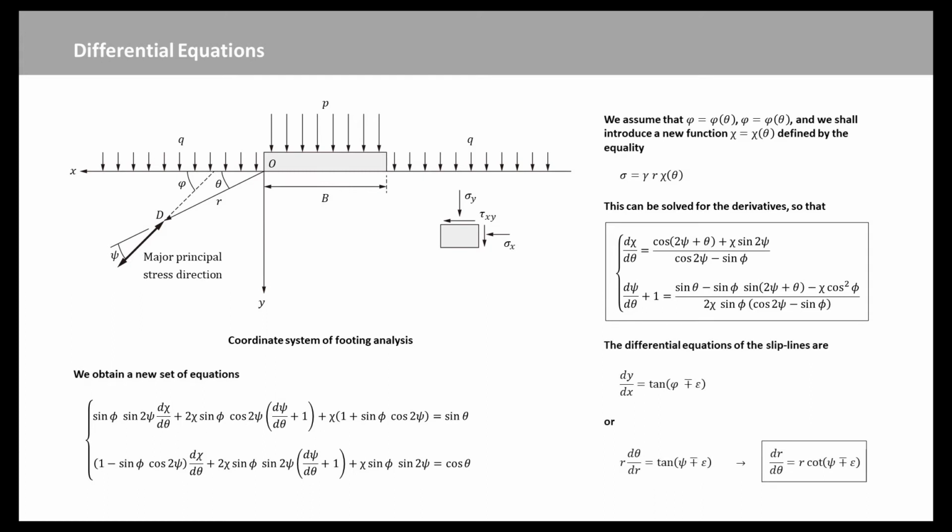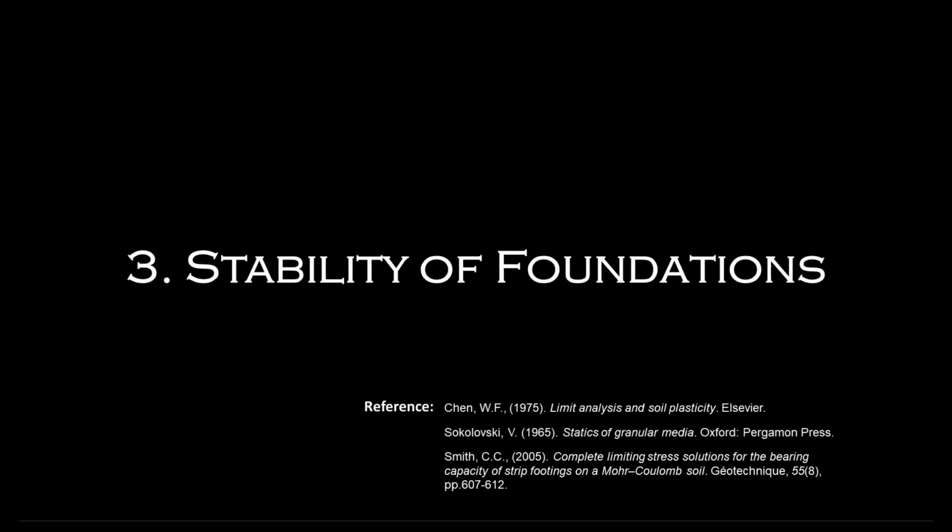These slip lines are inclined to the x-axis at angles varphi minus or plus epsilon, and to the line OD at angles psi minus or plus epsilon. Therefore, the differential equations of the slip lines are shown here. Next, we will learn the boundary conditions of foundation problems.